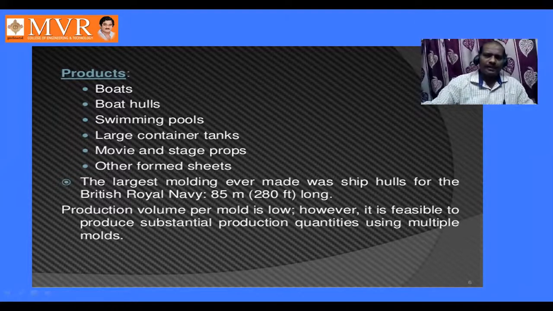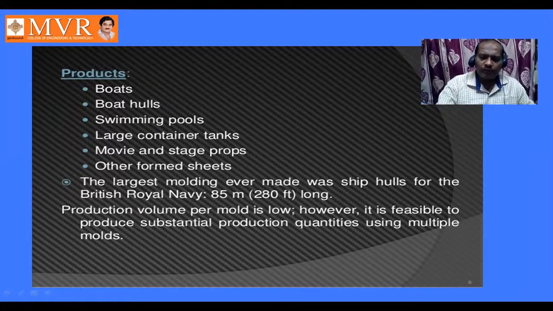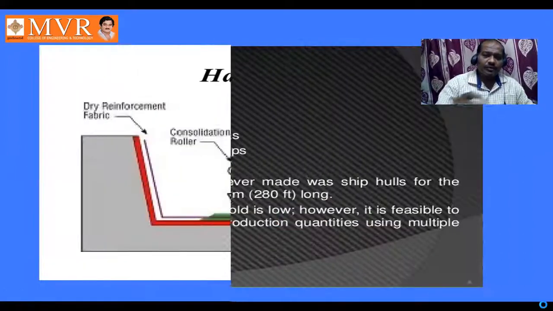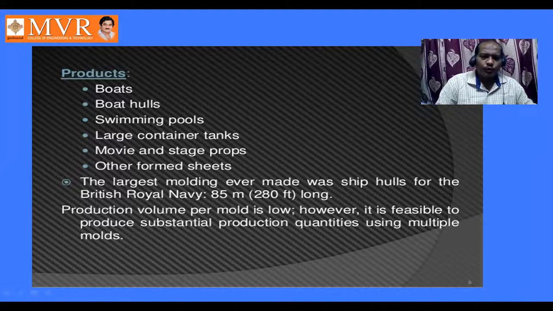So these are the applications, and the drawback is that a very small quantity of products can be prepared if you have only a few molds. Another is that we need an expert for this operation, and it is a very time-taking process because it has to cure for a longer period, based on the quantity we use. And for simple and confined shapes, this is not possible.